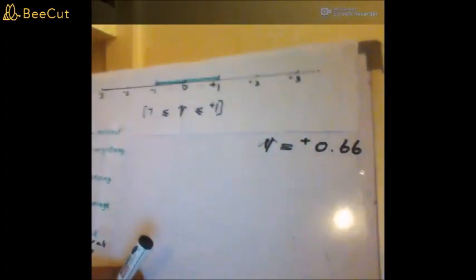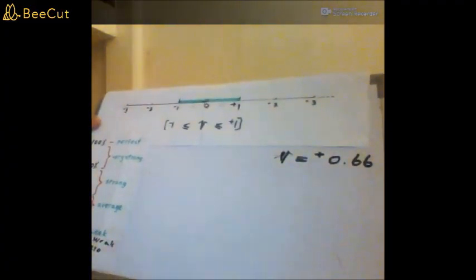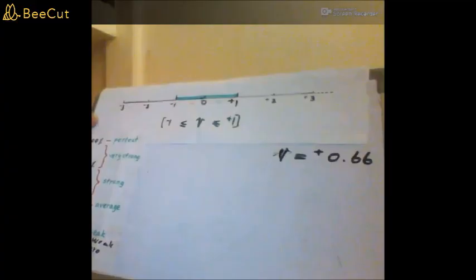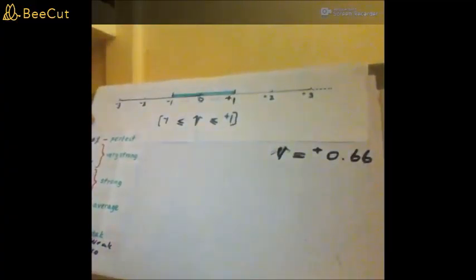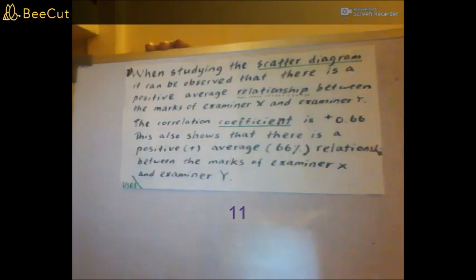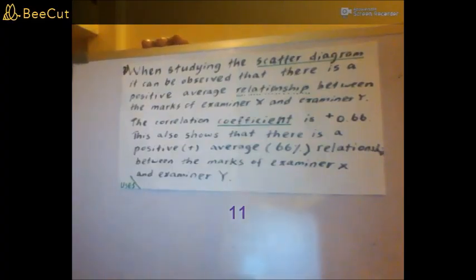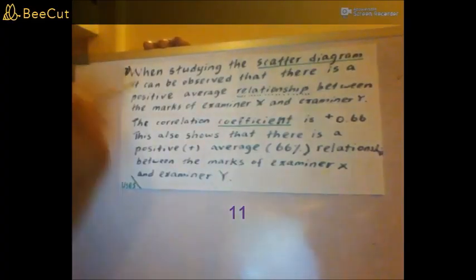So you'll have to pay attention to 2 things, right? The coefficient and the scatter diagram. Now we have to interpret. We have to pay attention to the scatter diagram and the coefficient, right?